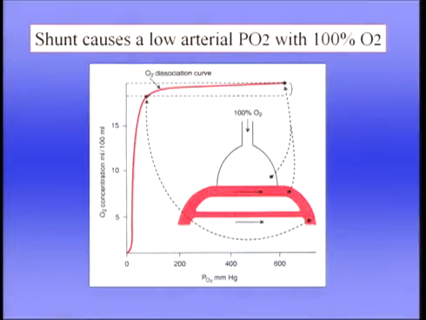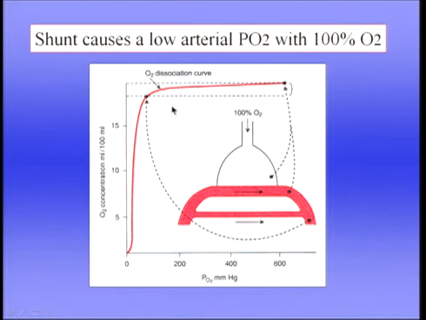So we add the oxygen concentration, and what we find is that there is a small decrement in the oxygen concentration as a result of this shunted blood that we've added. The shunted blood has a low oxygen concentration, so when it's added, the oxygen concentration is reduced a relatively small amount. This is the fall in the oxygen concentration caused by the shunted blood.